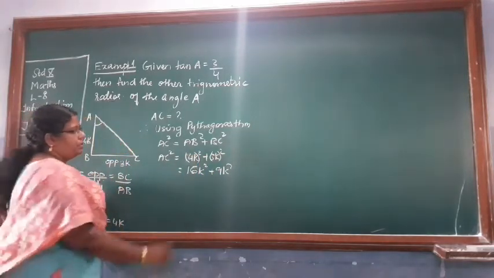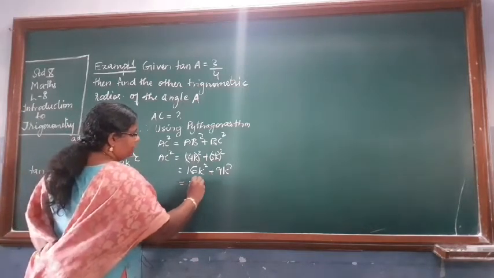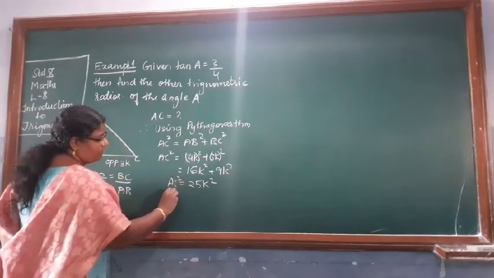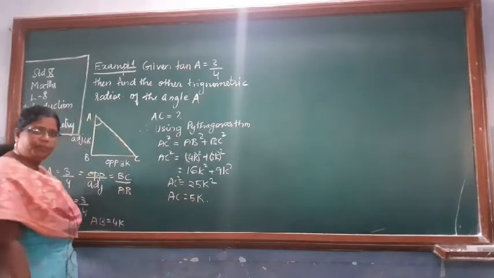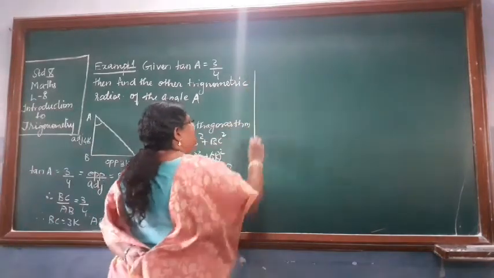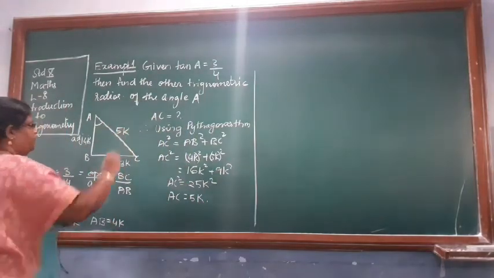So 16k square plus 9k square becomes 25k square. So you get AC square as 25k square and AC becomes equal to 5k. Now we have this, 5k, and AC you write here as 5k.